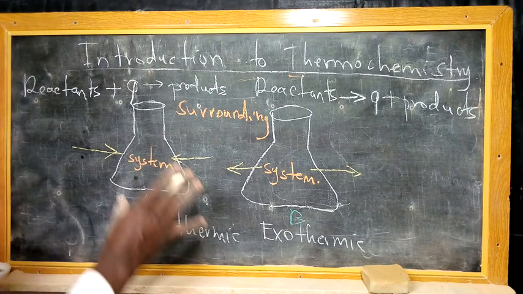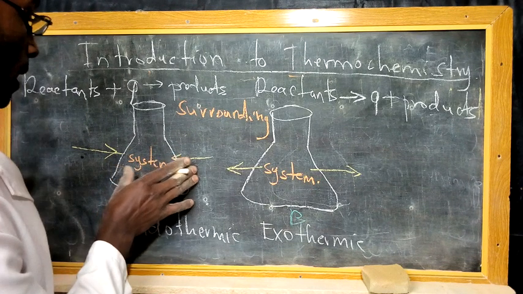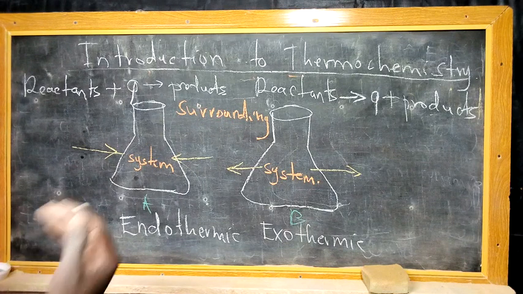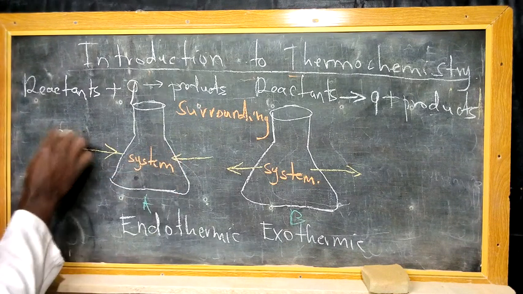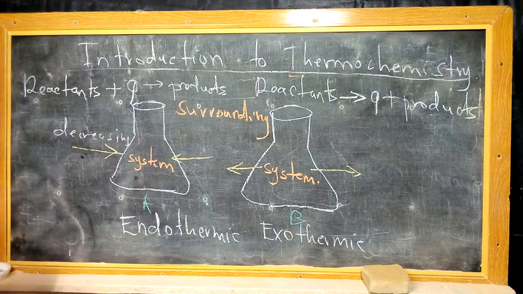As we can demonstrate in this case, when heat is taken from the surrounding, we can measure that and say that the temperature of the surrounding is decreasing, while that of the system is increasing, and the reverse is happening on the other side.